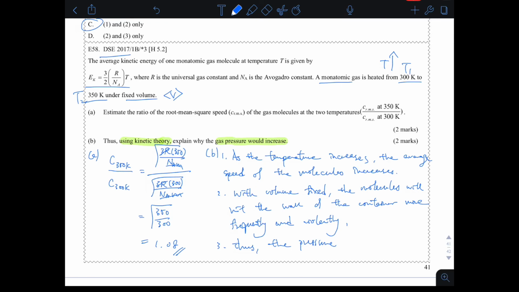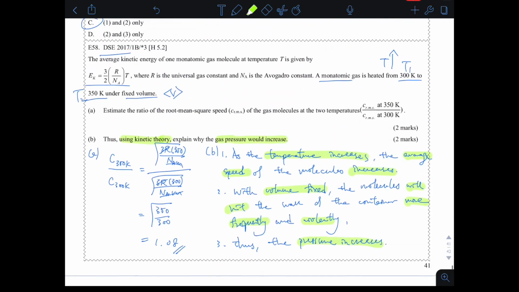Therefore, the pressure increases. Okay? Therefore, you have to say what is being changed and what is the effect of changing, and then what is being fixed. Then with these 2 effects combined, the molecules will hit more frequently and violently. And therefore, this is our conclusion.